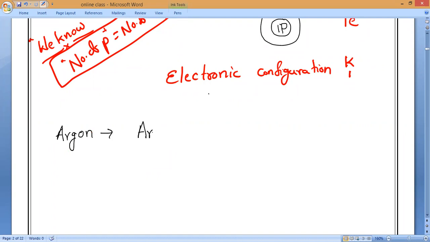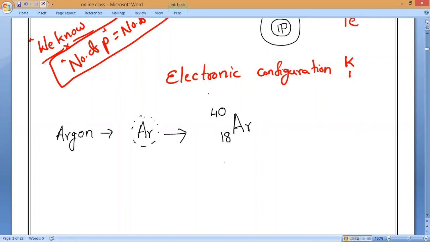Symbol of argon, Ar. Argon atomic number is 18 and mass number is 40. Please remember that. You all should know this.